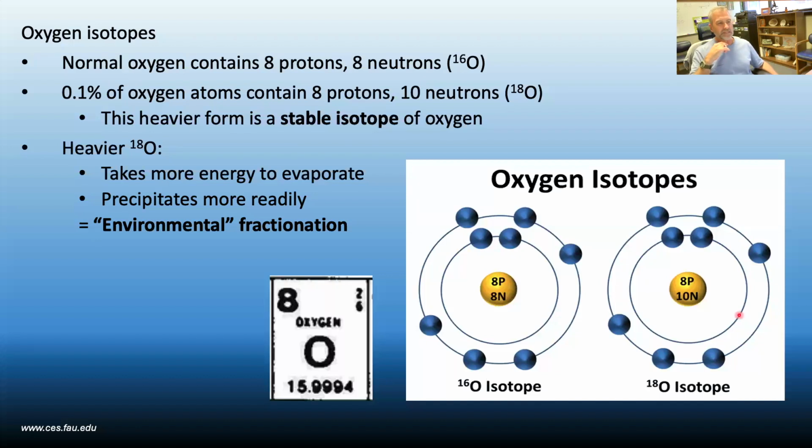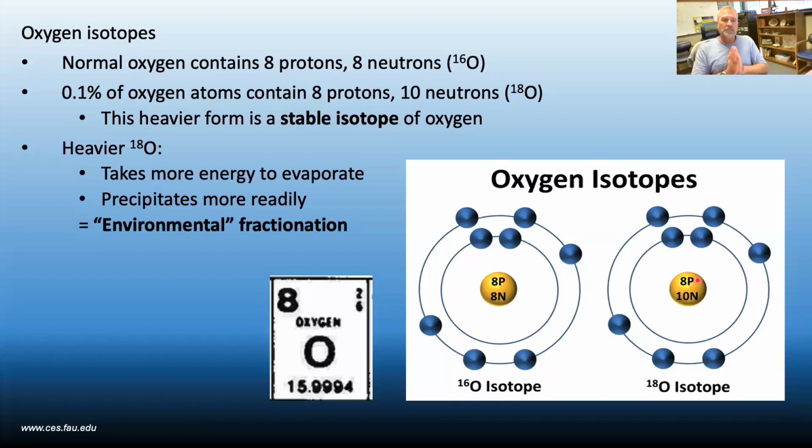So it's still got the same number of electrons in its normal state for this isotope, because it's got those 8 protons. All right, so the overall charge on that atom is still going to be neutral, but those extra 2 neutrons give it extra mass. All right, so this heavier form is still a stable isotope as opposed to a radioactive isotope, one that decays.